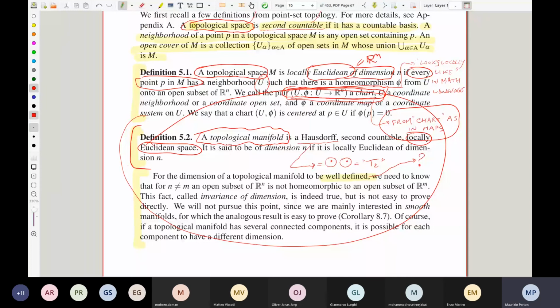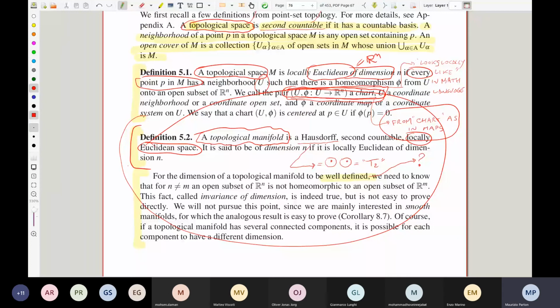And for instance, is Rn second countable? This is a tricky question. Why not? Because if you take the open sets, they are not countable. Yes, but I didn't say that all the open sets must be countable.